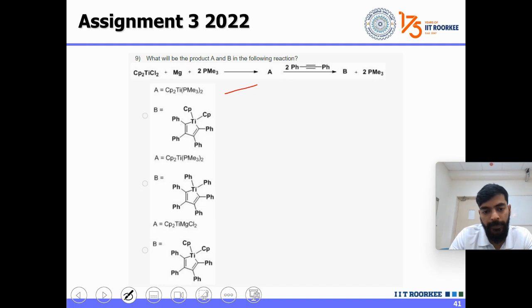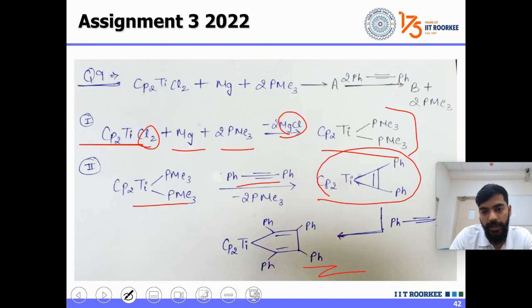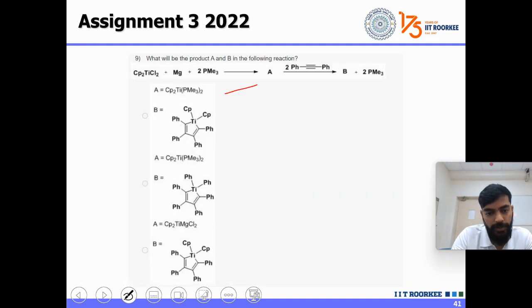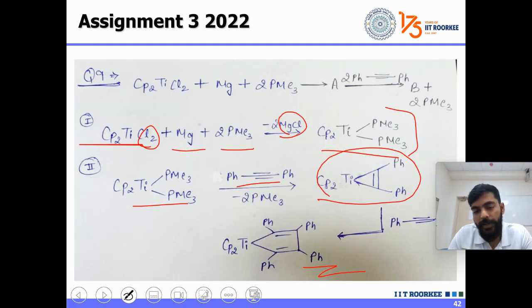This Cp2 Ti PME3 twice, and then Cp2 Ti this. Okay, so this one is the correct answer. Understood how it is happening here?